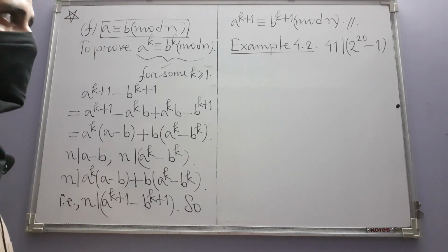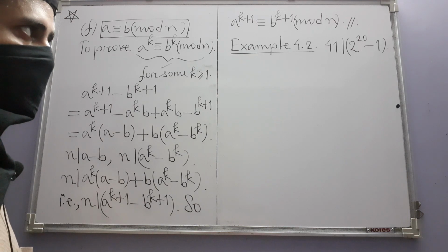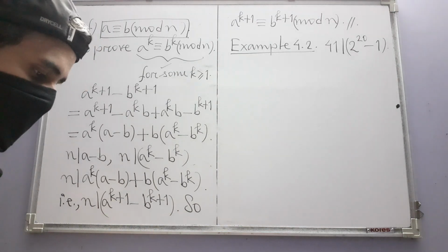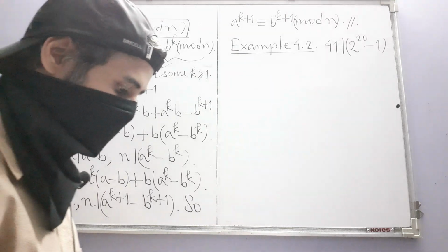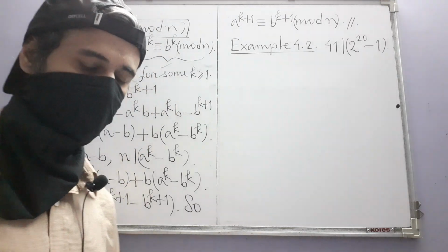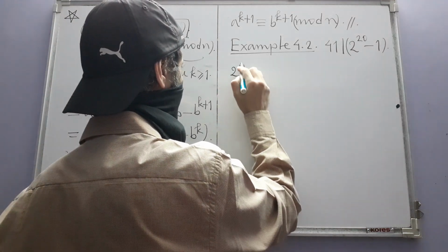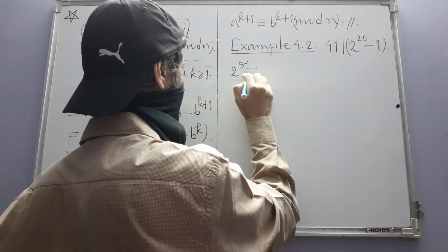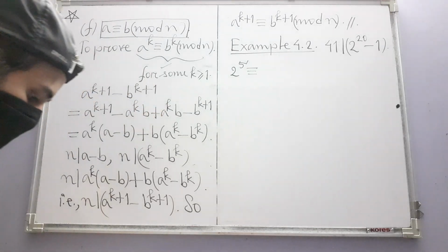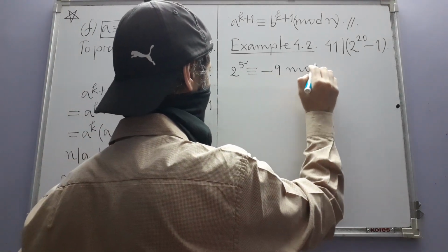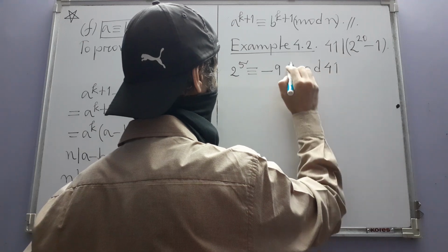And this kind of question can be answered very nicely using these properties of congruence. What we have to do in such situations is we start with a congruence, some convenient congruence. The author has noticed that we have this, 2 to the power 5 is congruent to minus 9 mod 41.